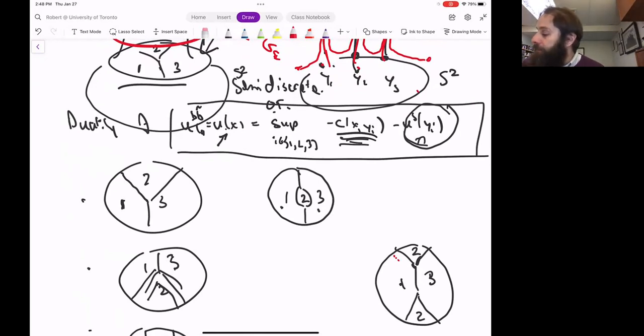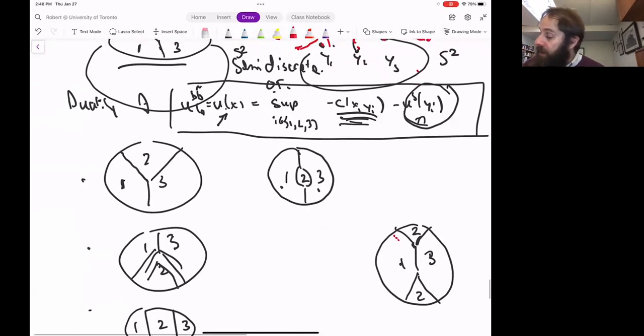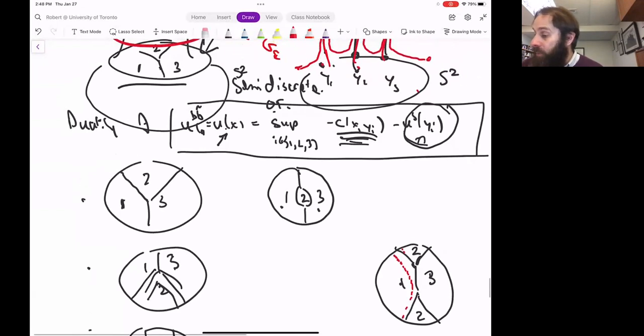And so when epsilon's small, the stuff being produced well in the inside of region 1 has to go near point y1, and all the stuff being produced well in the inside of region 3 has to go near y3.